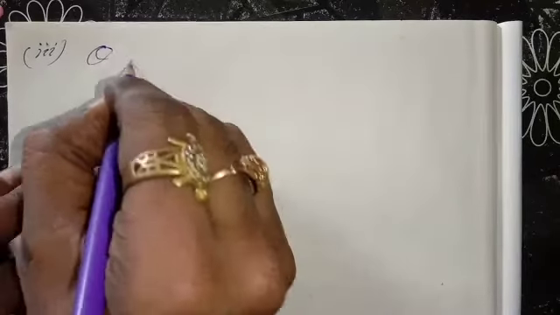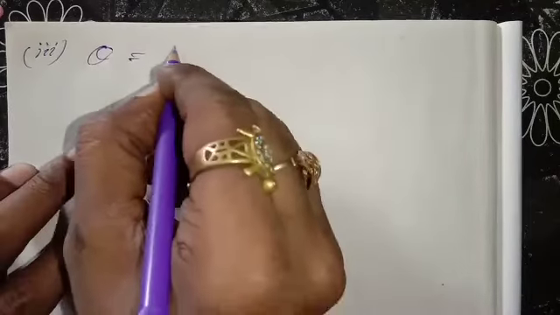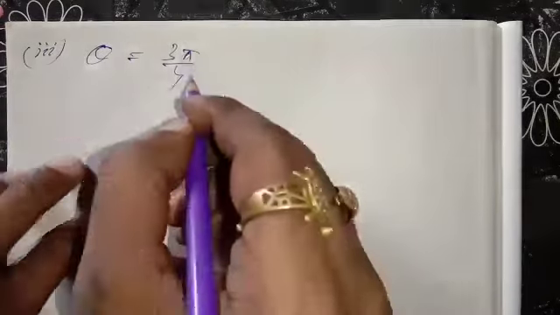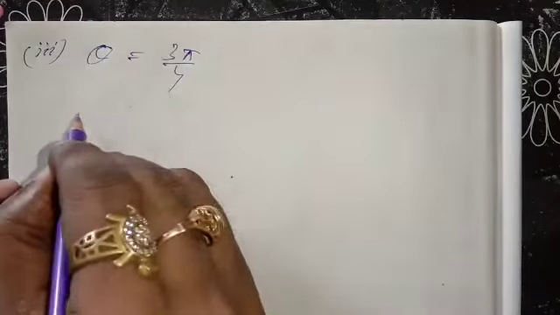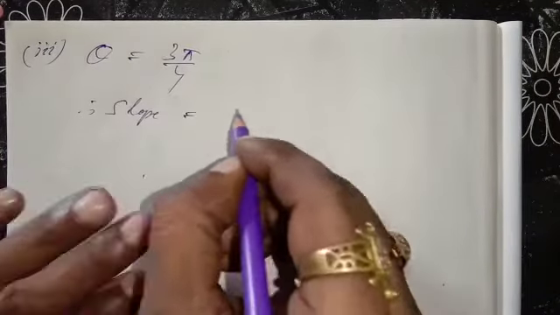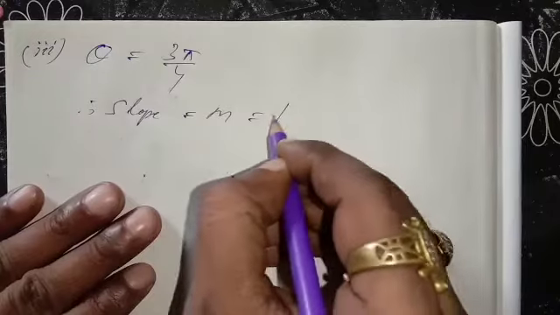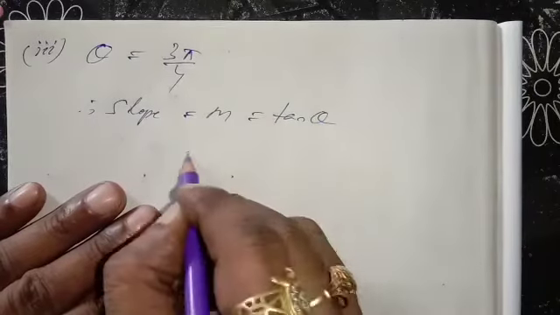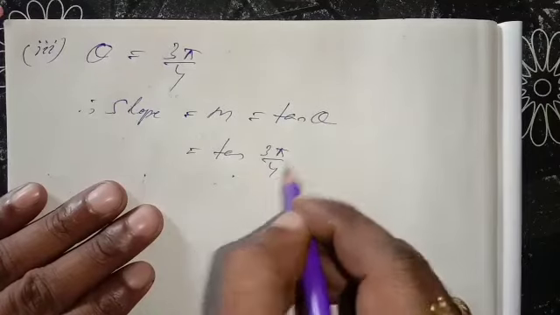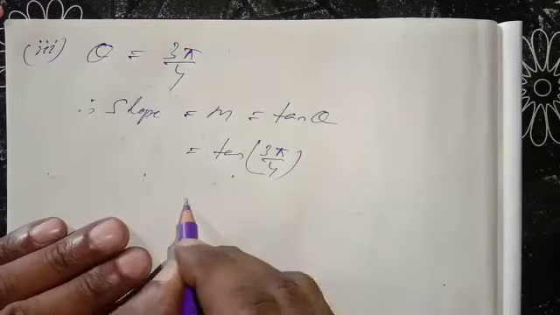Next, the third part. The angle of inclination theta with the positive direction of the x-axis is 3 pi by 4. Pi by 4 means 45, so 3 pi by 4 means 135. Therefore, the slope of the line, denoted by m, is equal to tan theta, which is tan 3 pi by 4, that is tan 135.